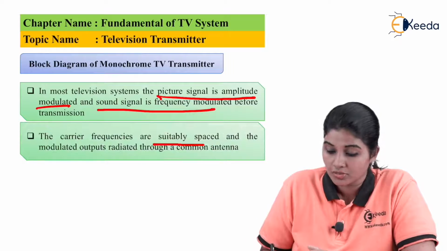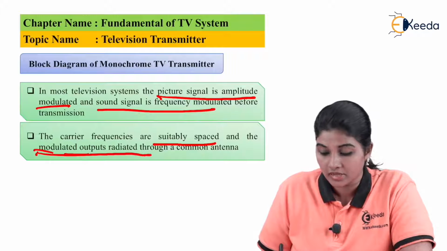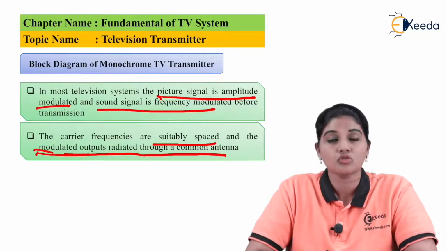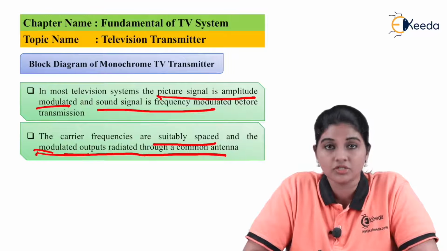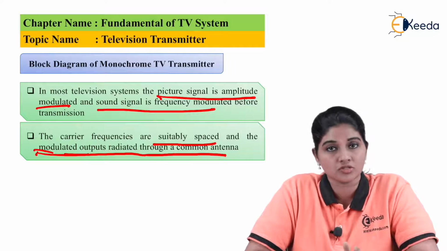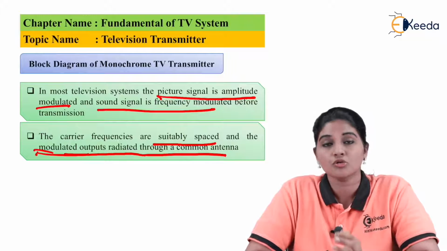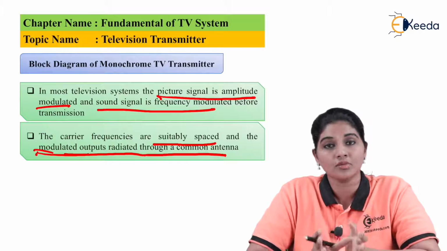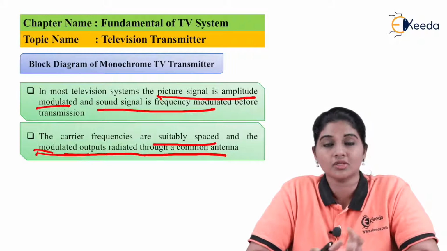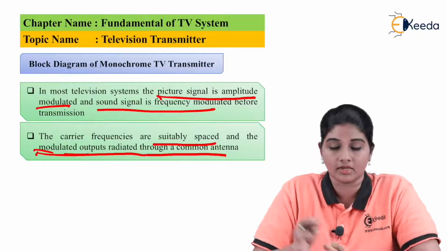It is suitably spaced and the modulated output is radiated through a common antenna. So in case of monochrome TV transmitter, we use a single antenna for transmission of both the voice signal as well as the video signal. Before transmission, a suitable network is required so that both the signals get combined with each other and then can be given to a common antenna.